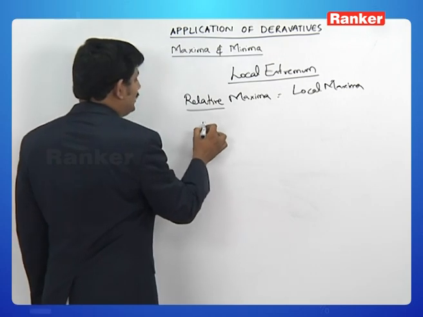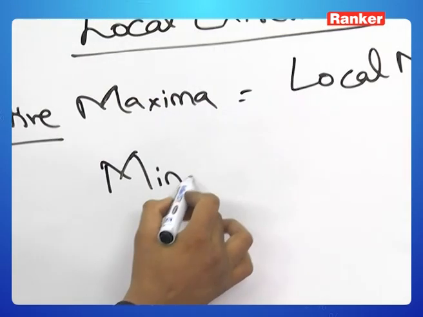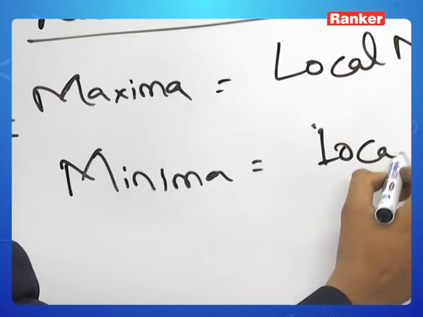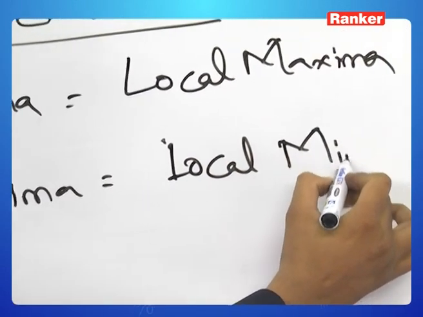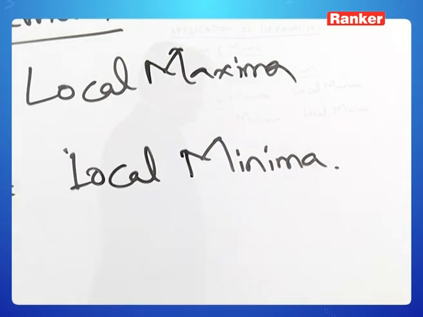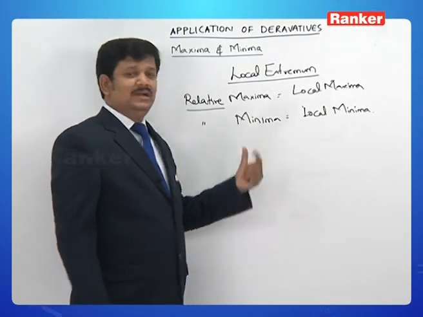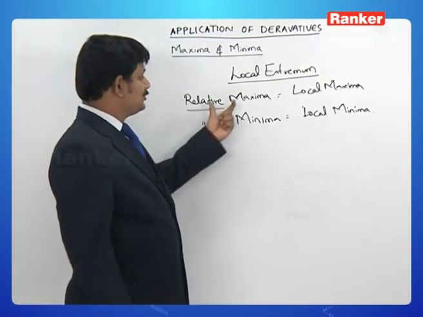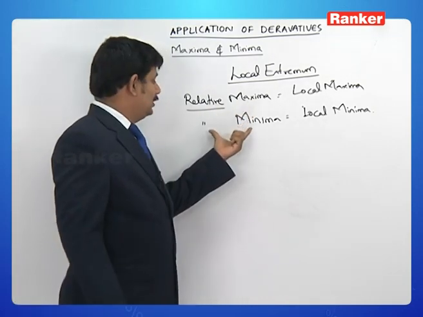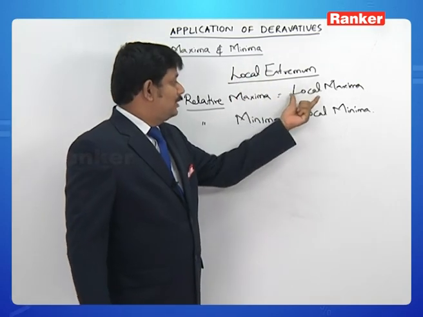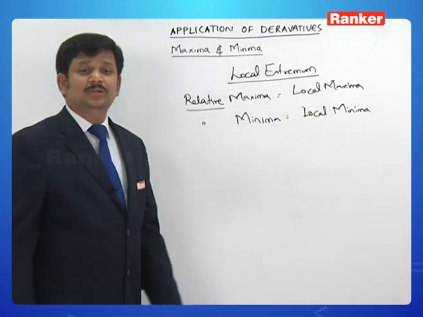Similarly, whether we say relative minima or local minima, it's one and the same. And the word local extremum is the same as relative extremum. So relative extremum, relative maxima or relative minima correspond to local extremum, local maximum or local minimum respectively.